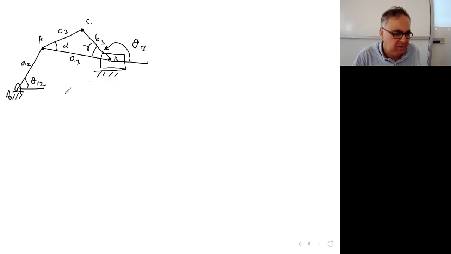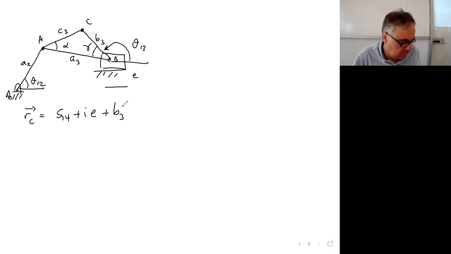So for example, again, you can write RC is equal to, let's say S14 plus IE plus B3 e to the I, theta 2 minus gamma.